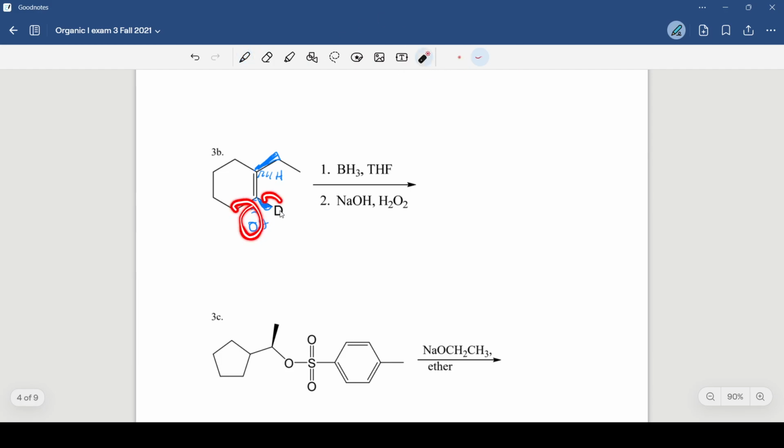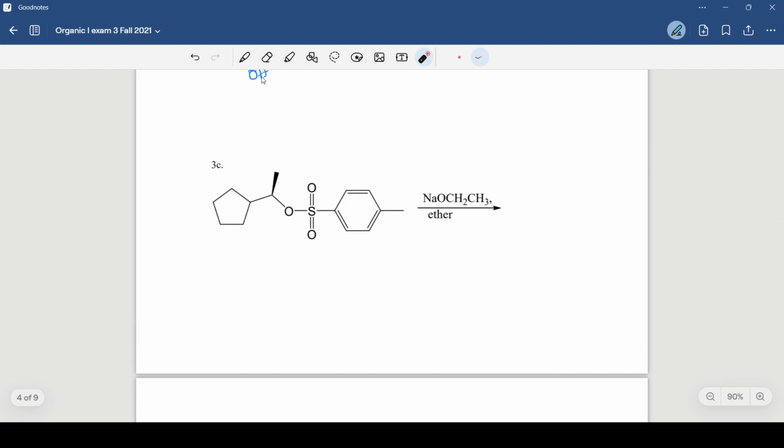I'm not saying that these two are cis. It's the exact opposite of the ones that you've seen before, where the OH is Markovnikov and it's trans. So it's anti-Markovnikov and cis with the BH3, H2O2, OH.